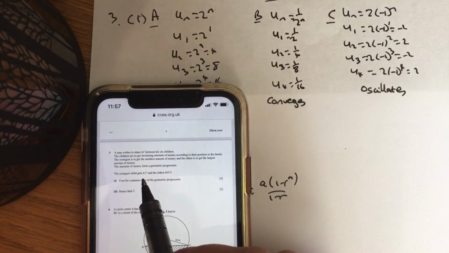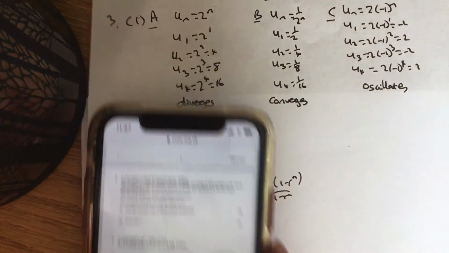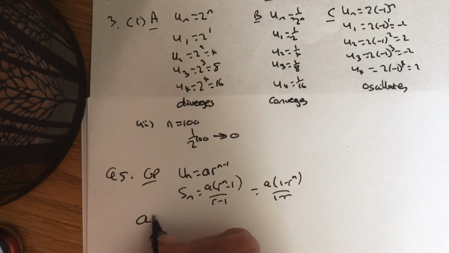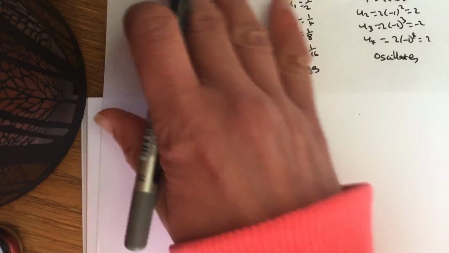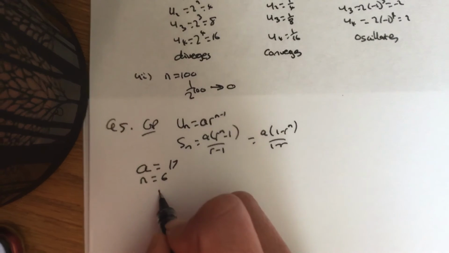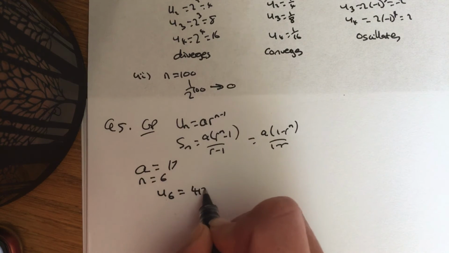The youngest child gets 17 and the eldest gets 4131. So the first term is 17. You've got 6 children and the eldest one, the 6th one, they get 4131.